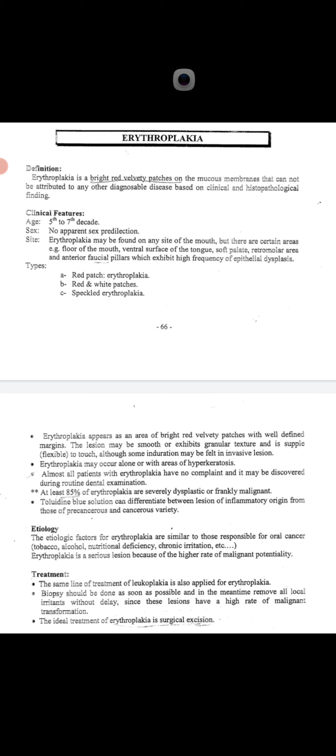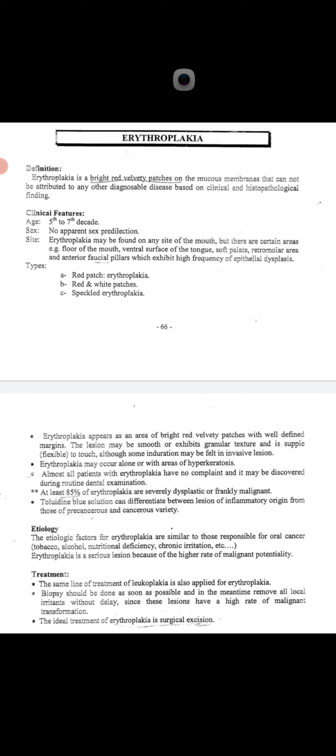Now come to the types. There are three types of erythroplakia. Number one is the red patch, known as erythroplakia. Second is the red and white patches, meaning both white and red patches are present together in the oral cavity of the patient.